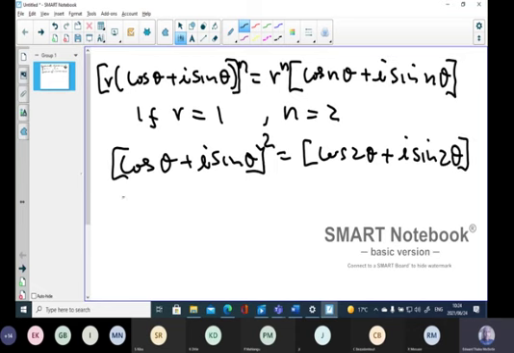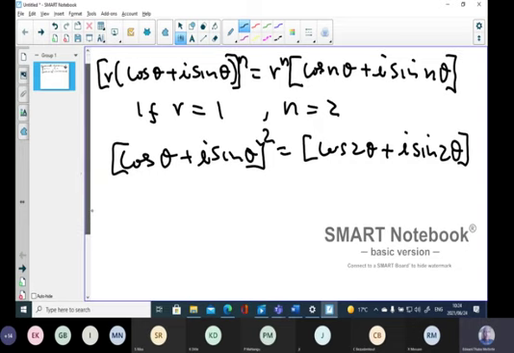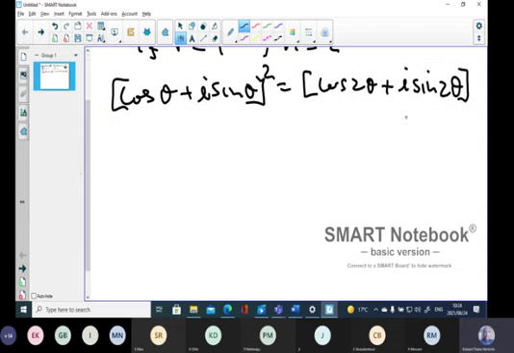Now, in that question, I will ask you to prove that the left-hand side is equal to the right-hand side. So you have to simplify the left-hand side to show that it's equal to the right-hand side.